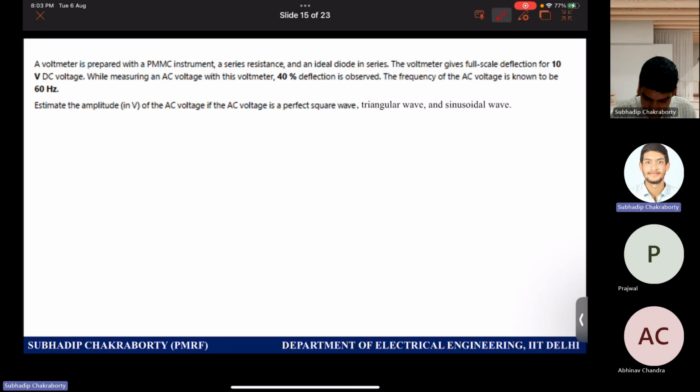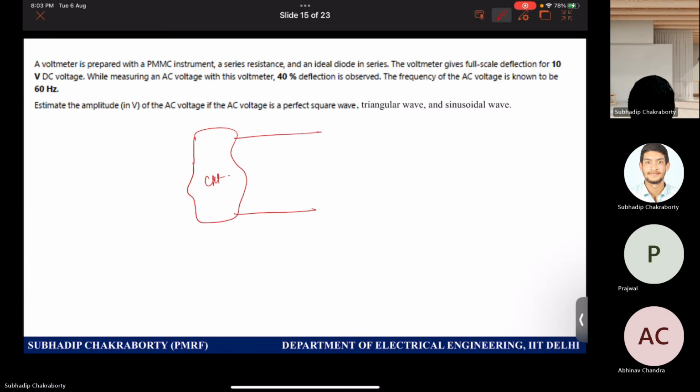Maybe you can just draw the network: some circuit, and then the 2 nodes across which you want to measure the voltage. Maybe name them A and B, and you have our meter with a diode.